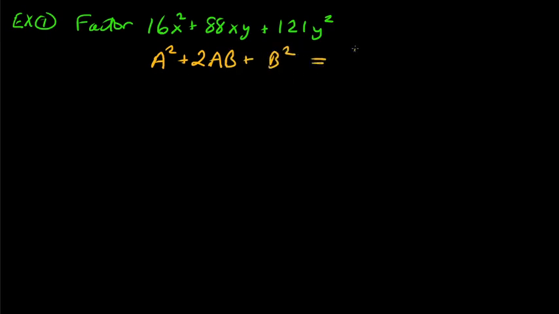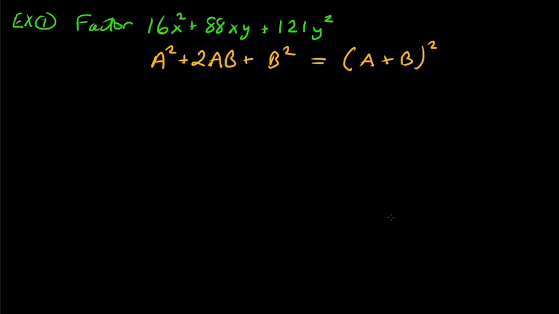When you see this, it factors as a plus b squared. So what we have to do is recognize what is the a and what is the b here, right? And before we do that, I might want to remind you of the perfect squares.